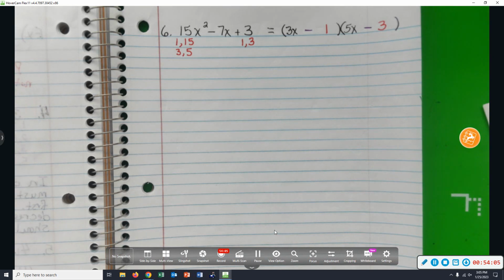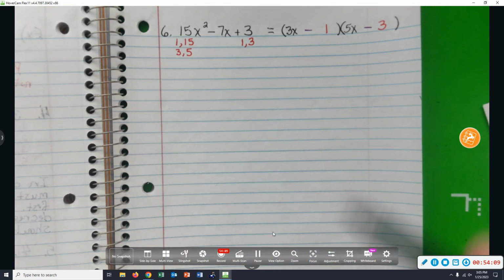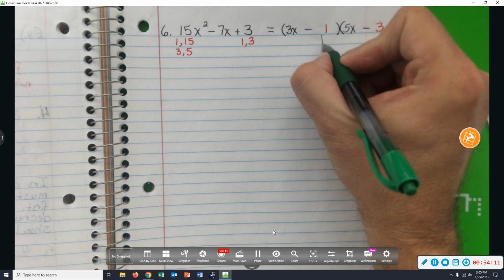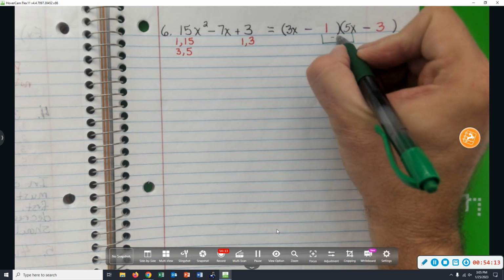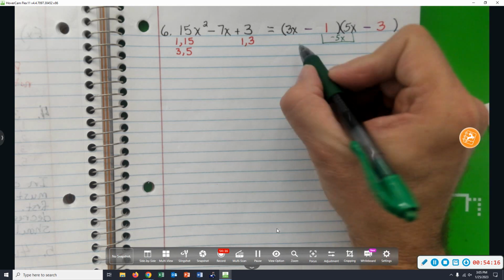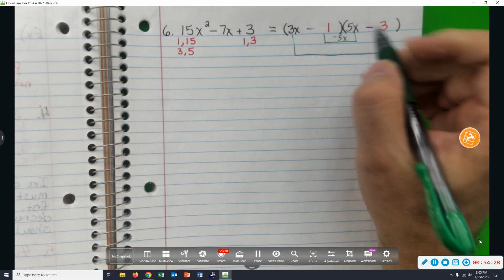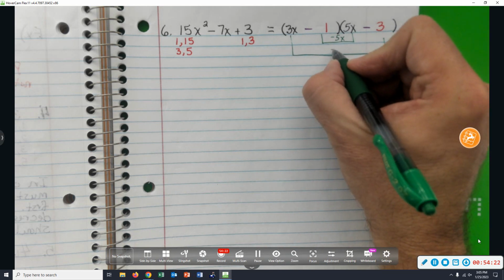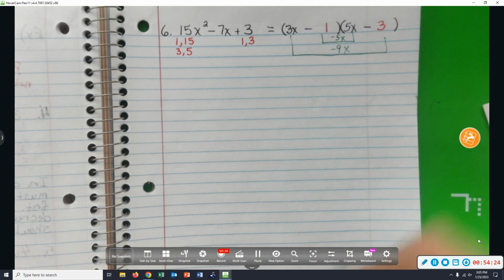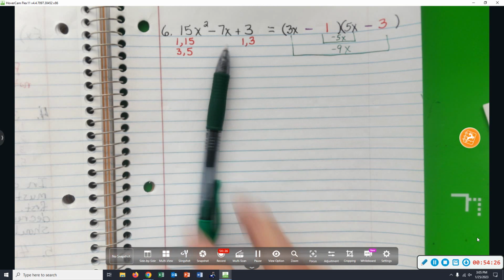Okay. Now, is this going to give me a negative 7x? I would have a negative 5x and is that a negative 9x? Is that giving me a negative 7x?